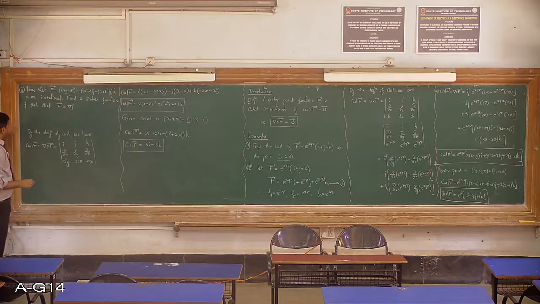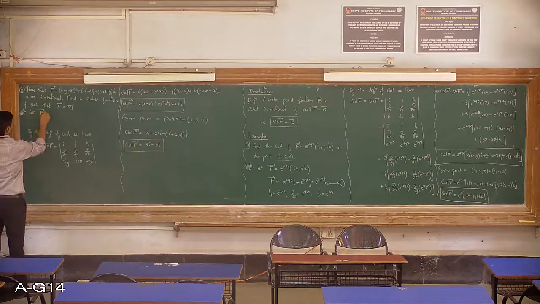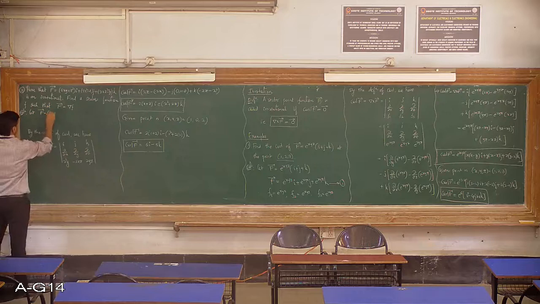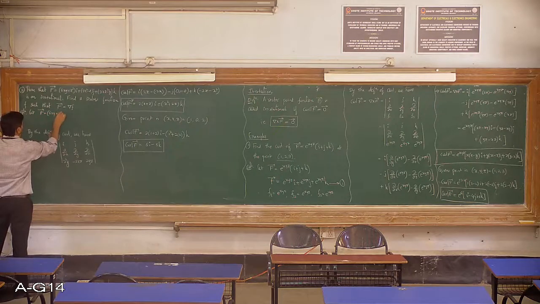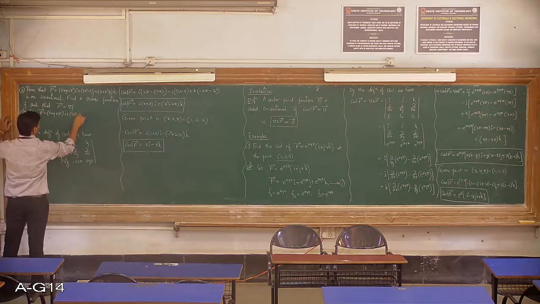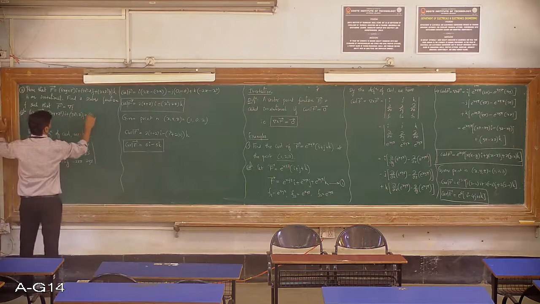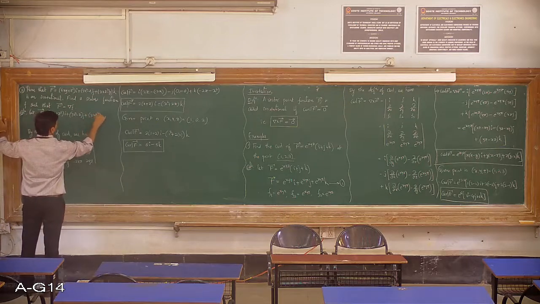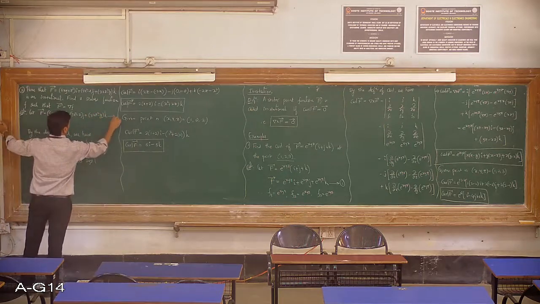So now let me start with this example. Solution. First, what they have given we will write. Let F equal to, that is given, (6xy plus z cube) i plus (3x square minus z) j plus (3xz square minus y) k. Call it equation number 1.